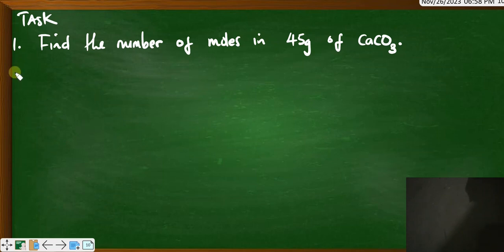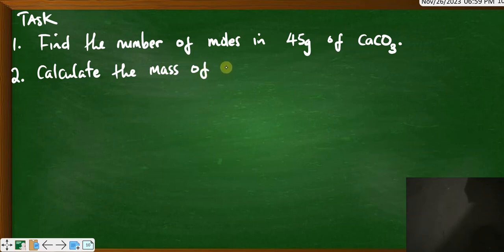Then question number 2 says calculate the mass of calcium chloride in 6.4 moles.